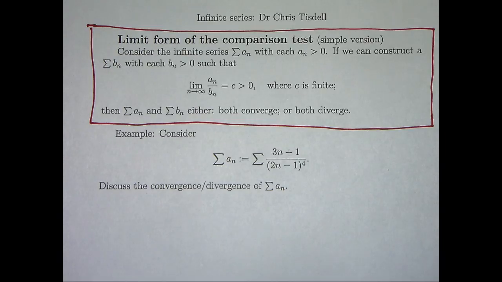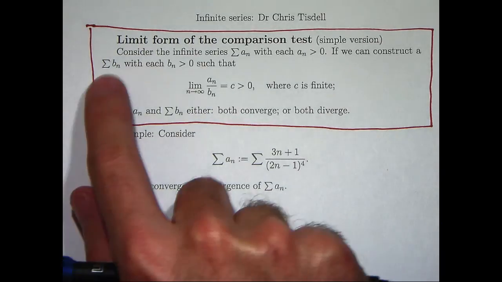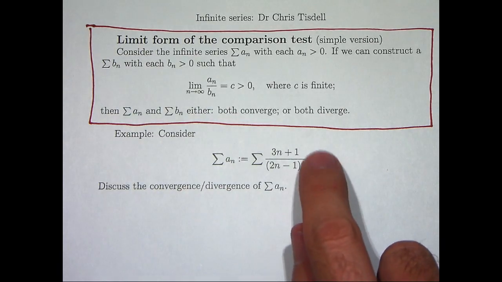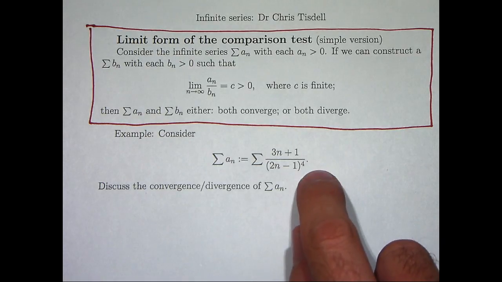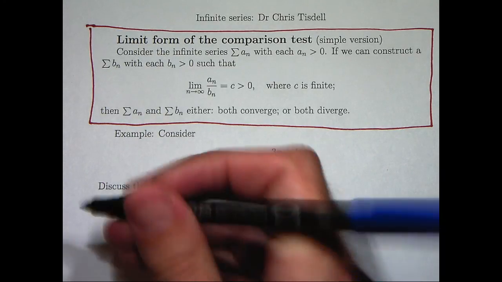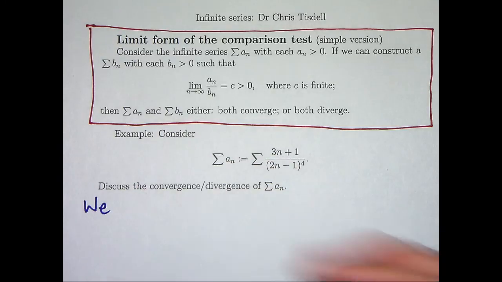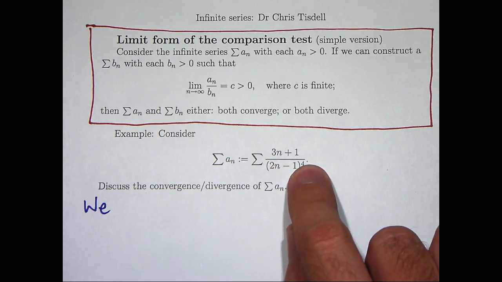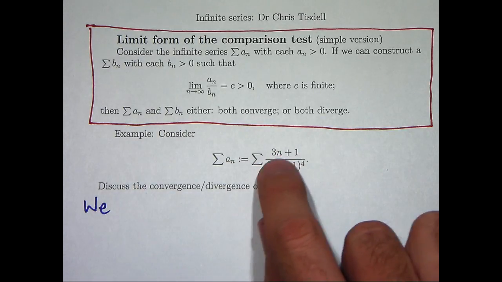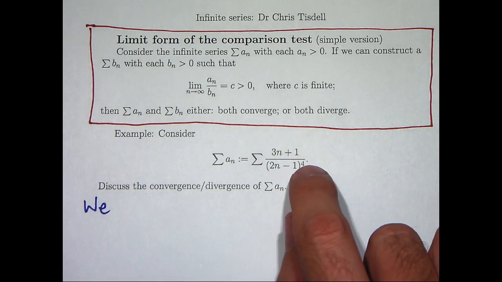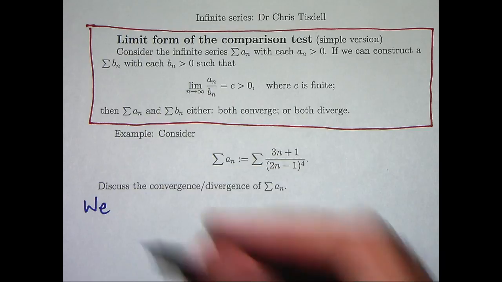Now, the big question is, how do we construct this new series? Well, for rational type functions, a good idea is to look at the highest power in the denominator, look at the highest power in the numerator, and then choose a p-series where you take one power away from the other.